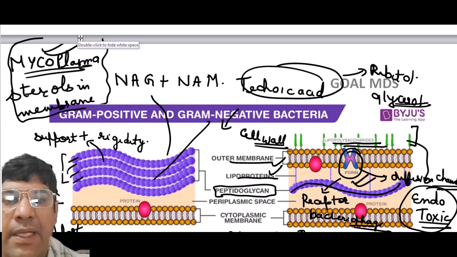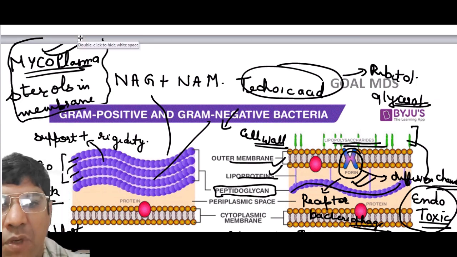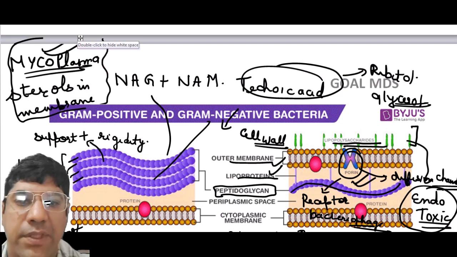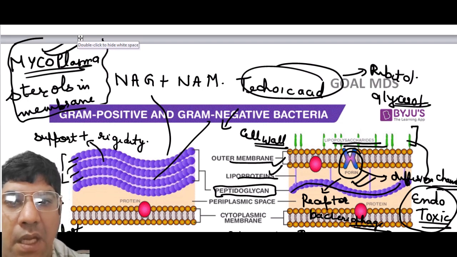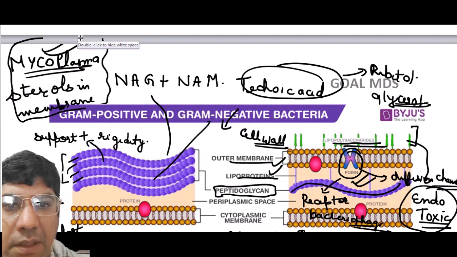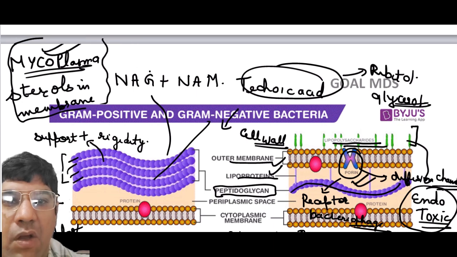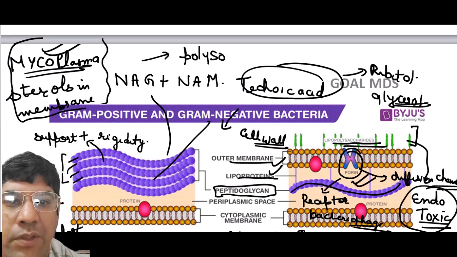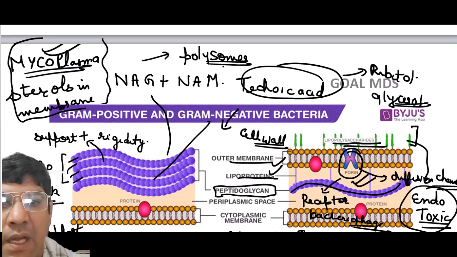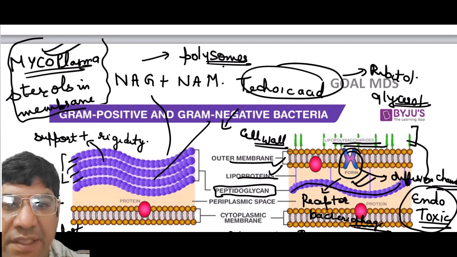The cytoplasm contains various structures like ribosomes, mesosomes, vacuoles, etc. The ribosomes are the center for protein synthesis. The ribosomes are integrated into the linear strands of messenger RNA to form polysomes. So this arrangement allows for efficient protein synthesis.